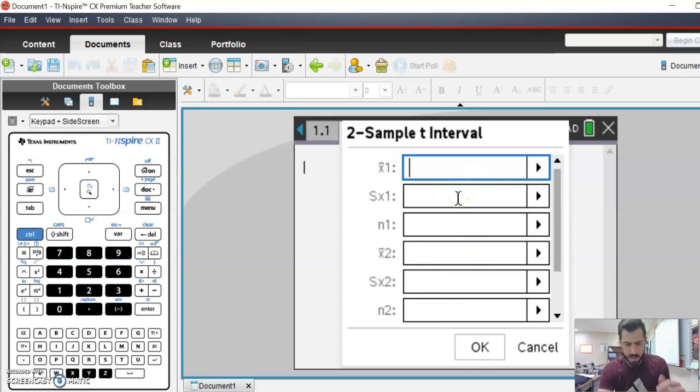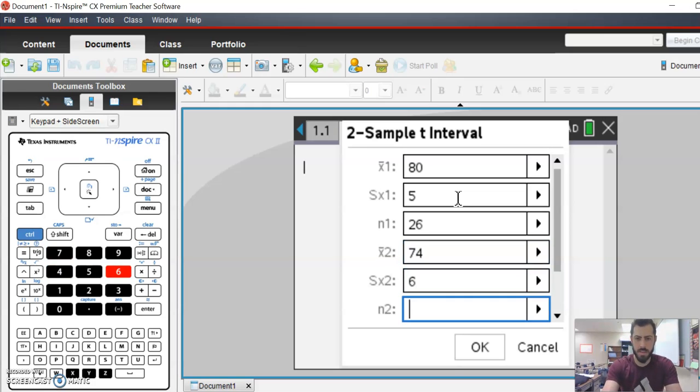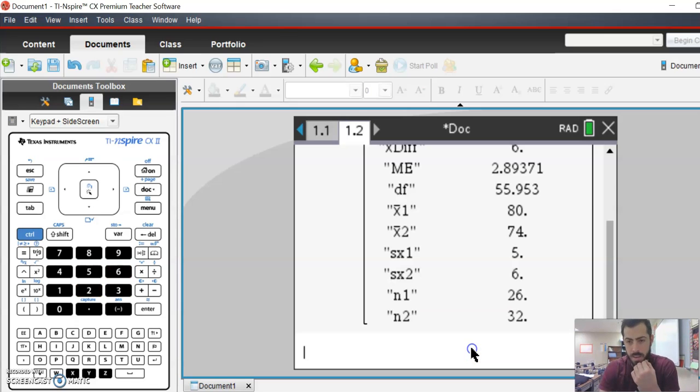So we input our information, just like we wrote it down, 80, 5, and then 26. And then for our second sample, we have 74, 6, and 32. And we hit OK.